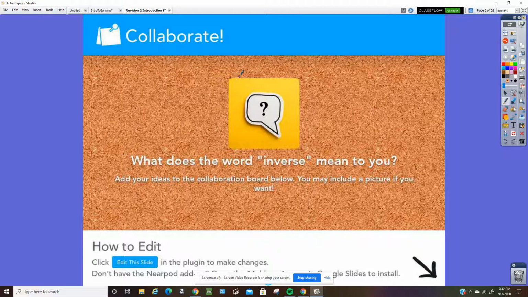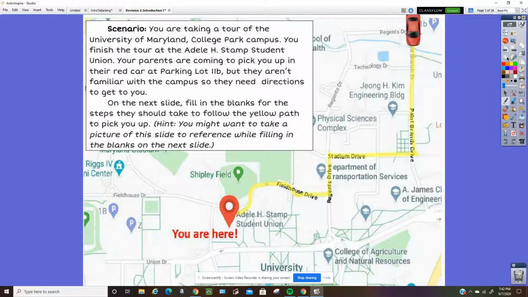So PEMDAS, parentheses, exponents, multiply, divide, add, subtract becomes subtract, add, divide, multiply, exponents, parentheses. All right, so we'll see what happens with that in a second here.